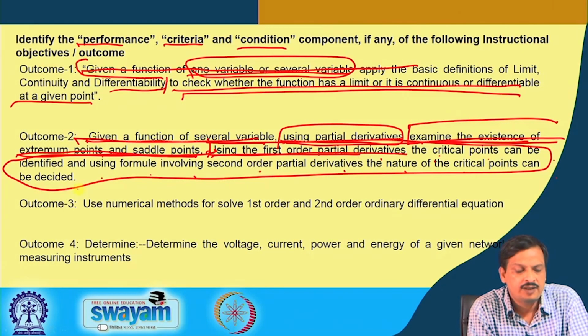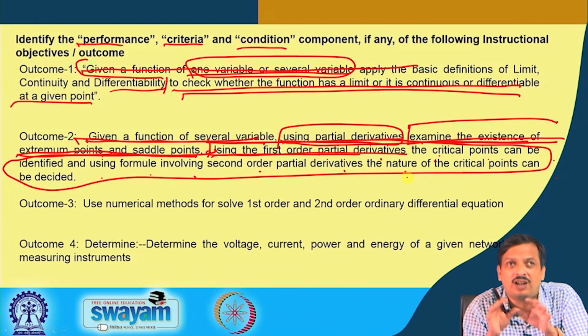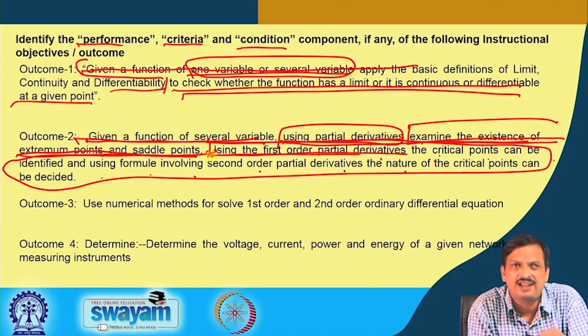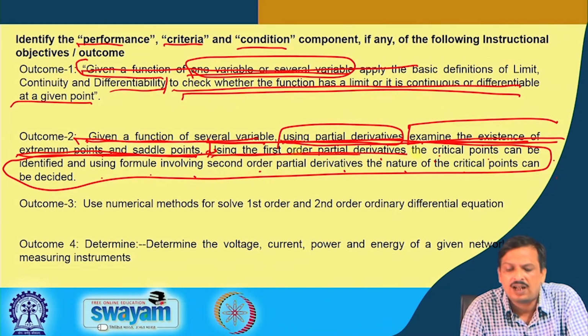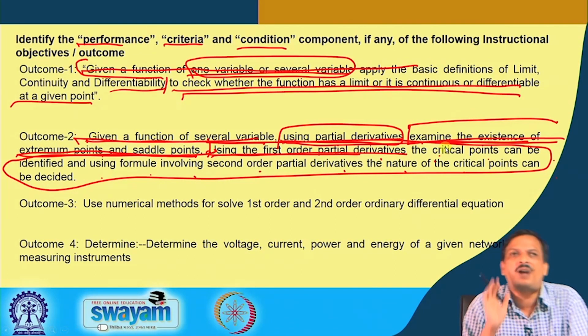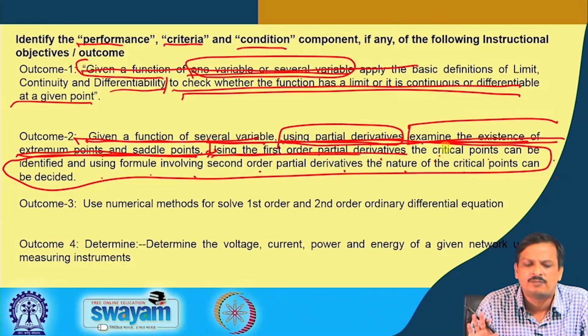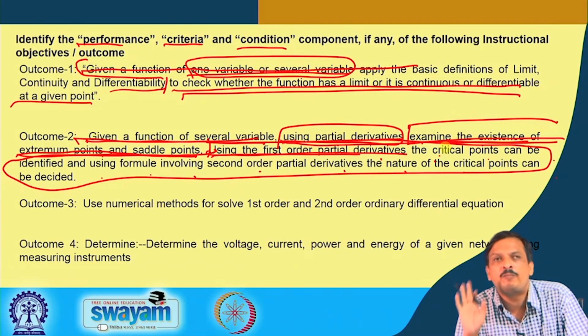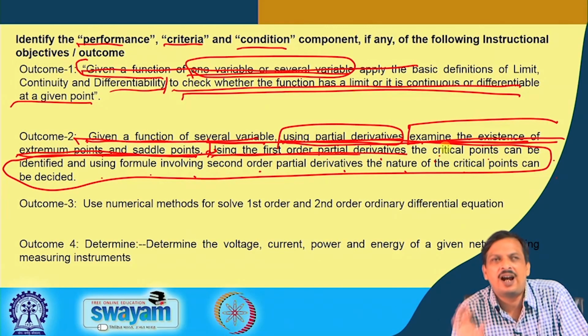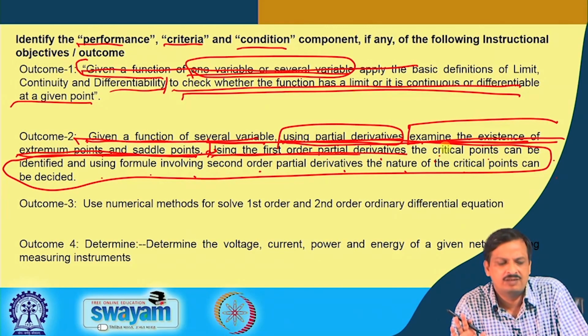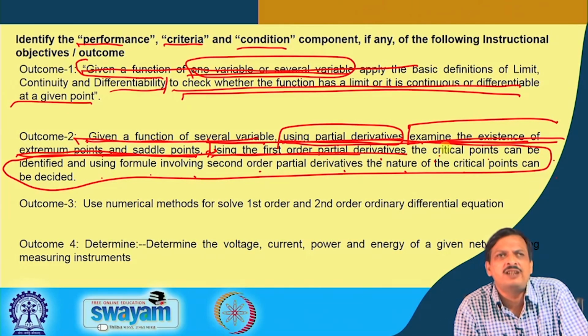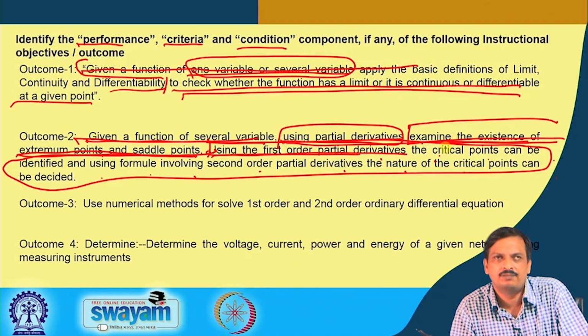Next part: see that it is a teacher statement, what teachers will cover. Instead of that, I can rewrite this one. What do I have to do? Identify the critical point. So the first skill is that students are able to identify the critical point. Based on what? Based on the first order partial derivative. So for a given function, find out the critical point using the first order derivative.